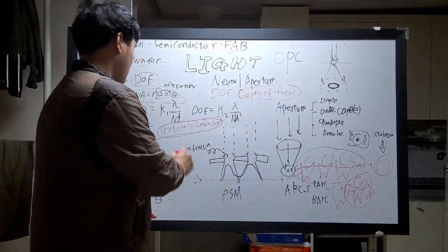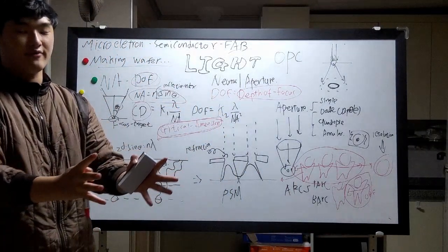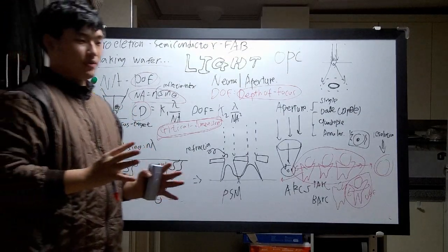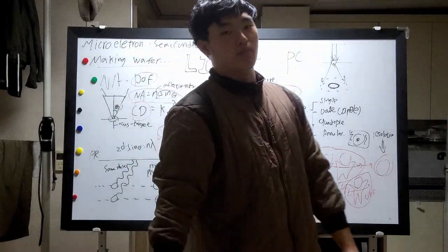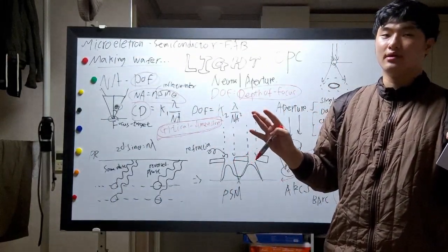So, if the critical dimension is smaller and smaller, we can say the smaller the critical dimension is, the more precise and the more wanted pattern we can make.